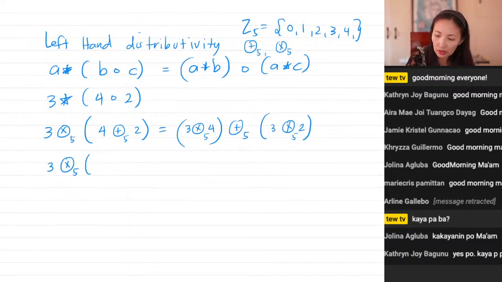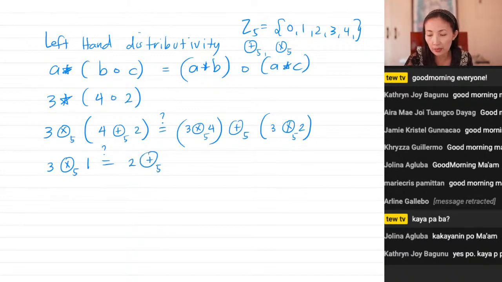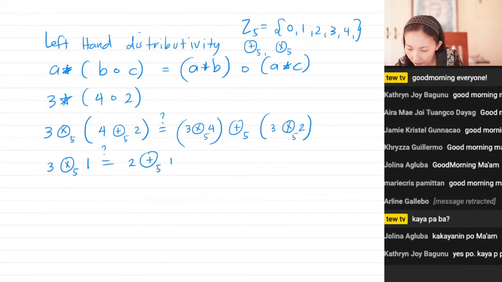4 plus 2 modulo 5 is 1. So we don't have to enclose it in parentheses. Is it equal? Because we're still checking. 3 times 4 modulo 5, that's 12 modulo 5, which is 2, plus modulo 5, 3 times 2, 6, which is 1. Why did it turn out that way?